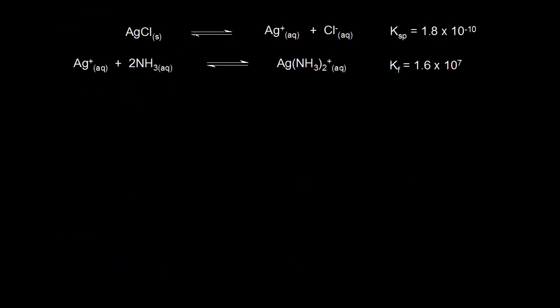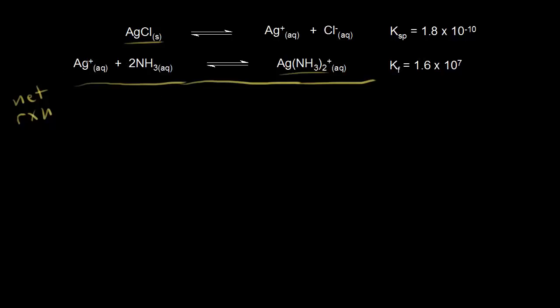Now we've looked at two reactions. We've looked at the solubility equilibrium for our slightly soluble compound, and we've also looked at the formation of our complex ion. Now let's add those two reactions together to get our net reaction for what's happening. So we're going to add our two reactions together to get a net reaction for what happens when you put silver chloride in ammonia.